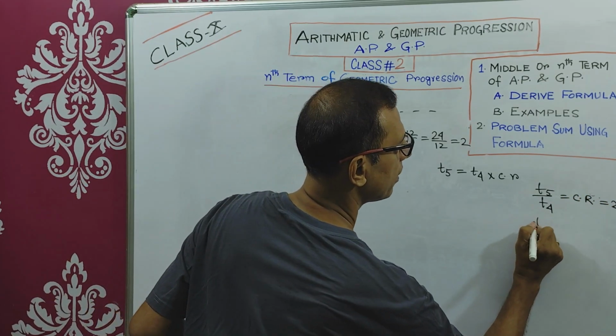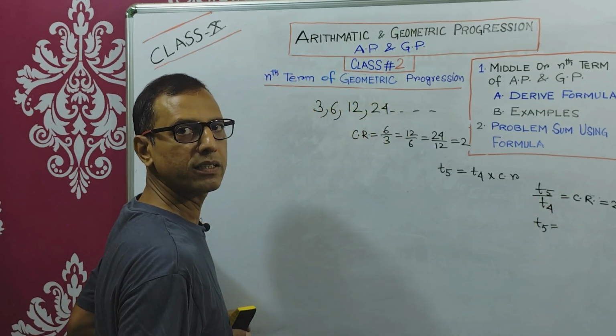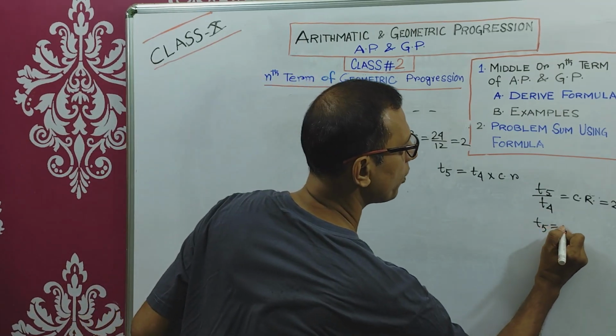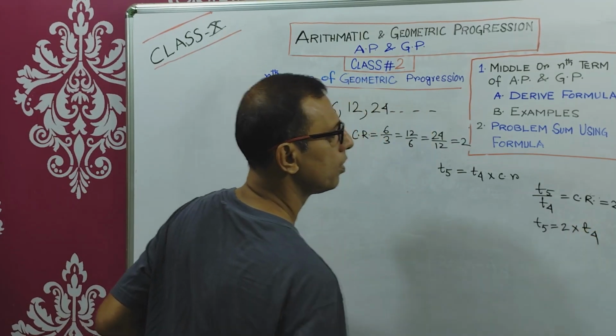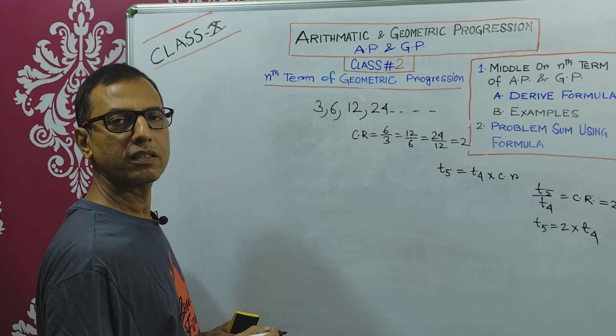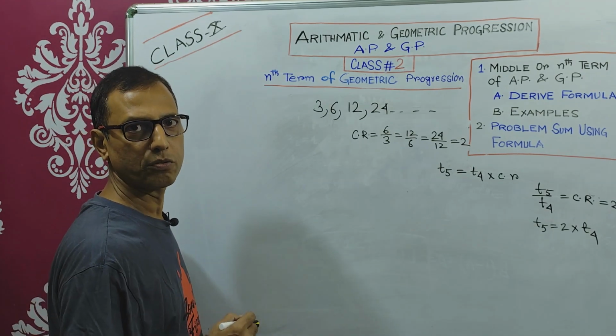That means every successor term will be the predecessor multiplied by the common ratio. So T5 will be equal to 2 into T4. Successor equals predecessor into common ratio, right?